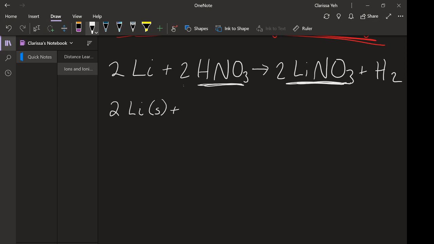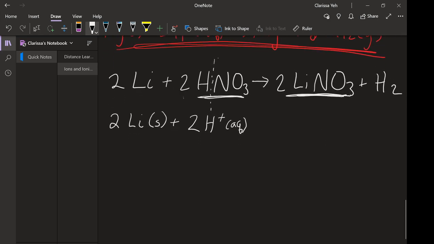And the H gets split from the NO3. So we have 2 H's, that means we have 2 H+, and that's aqueous. We have 2 NO3s, that's nitrate, that has a charge of 1 negative.